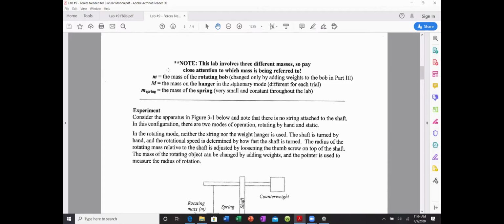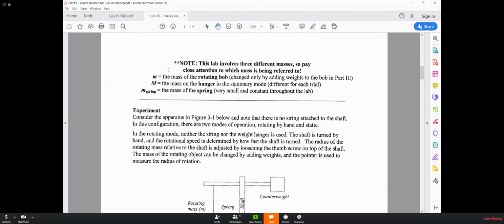The mass of the bob is 458.34 grams. Occasionally we're going to add mass onto that, but that is the mass of the bob, lowercase m, for all of part 2 of the data set. So 458.34 grams for the rotating bob.